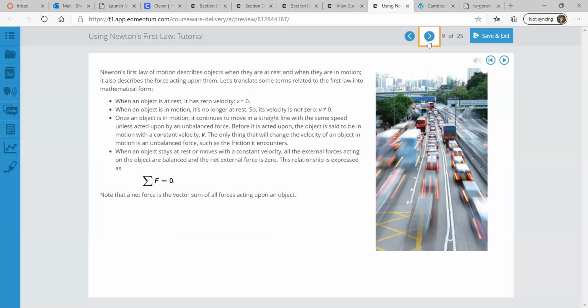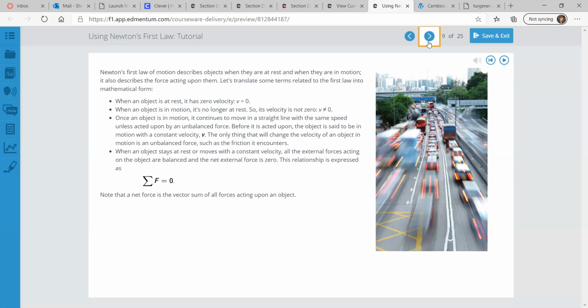When an object stays at rest or moves with a constant velocity, all the external forces acting on the object are balanced and the net external force is 0. This relationship is expressed as the summation of F equals 0. Note that a net force is the vector sum of all forces acting upon an object.